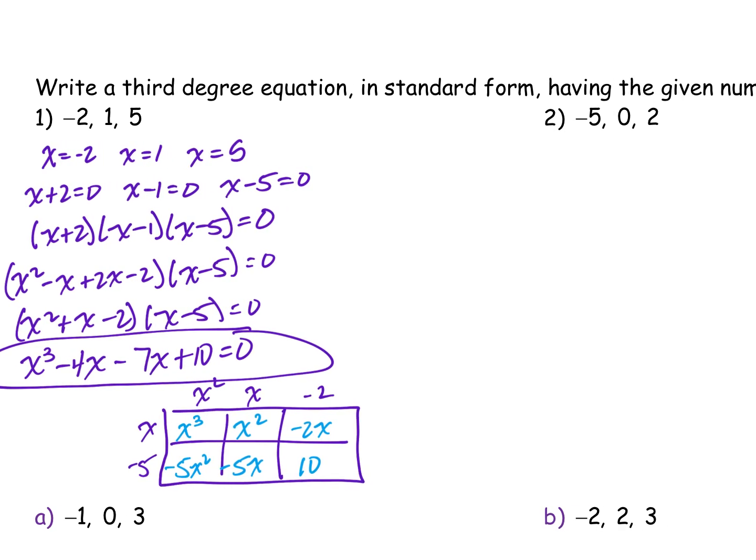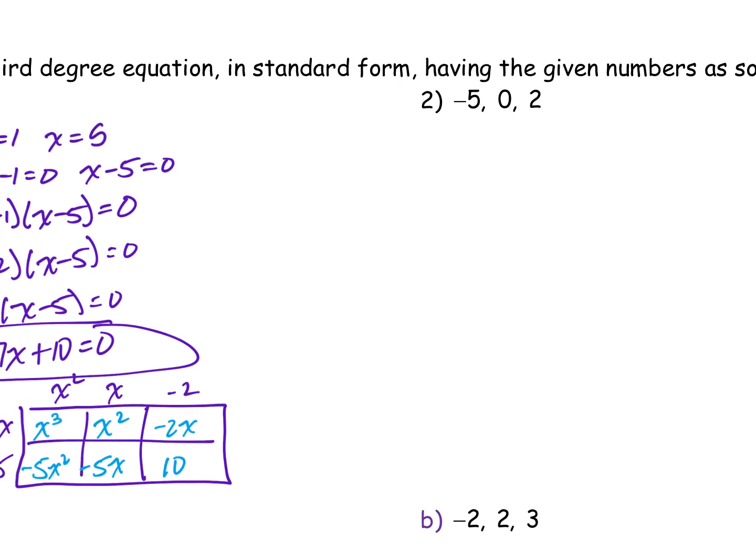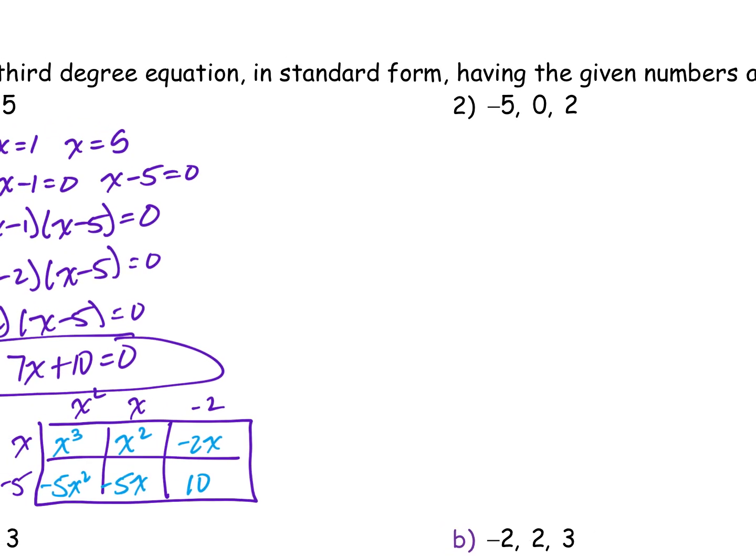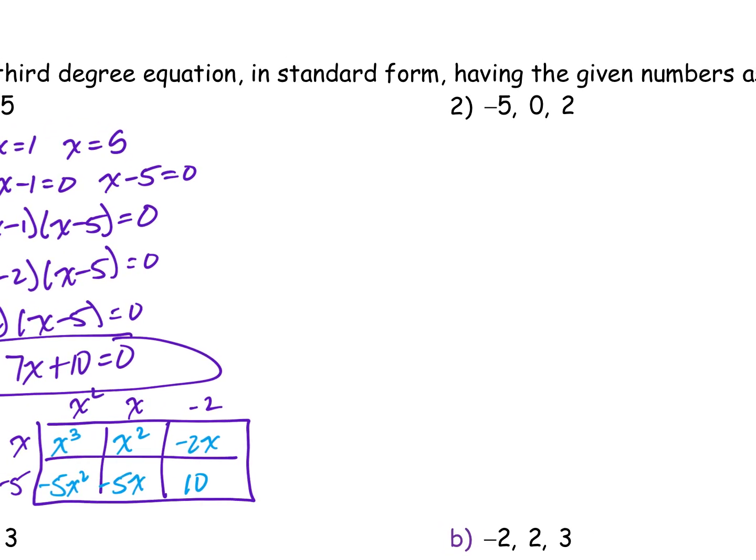And then if I go to number 2, try and keep number 1 up there for you guys. I've got, let's see, so this would be x plus 5 times x minus 2. But what about the 0? So let me do this. Oops, so sorry. Let's do this the other way.